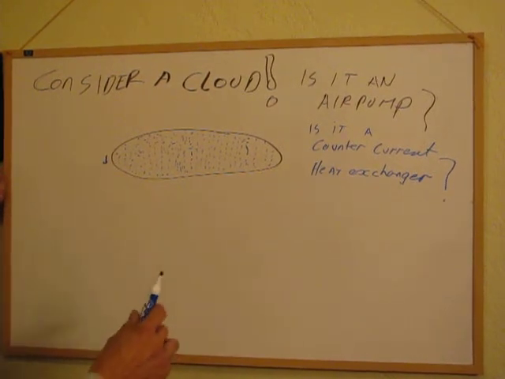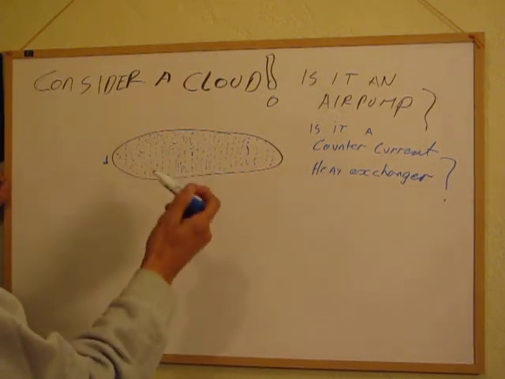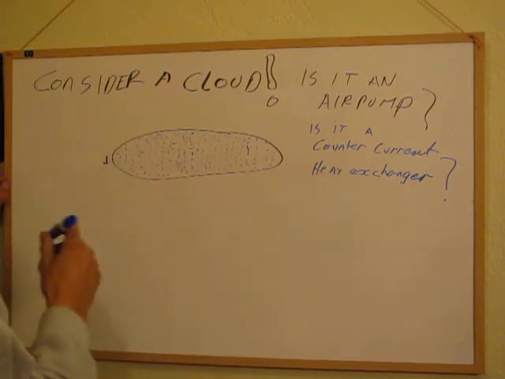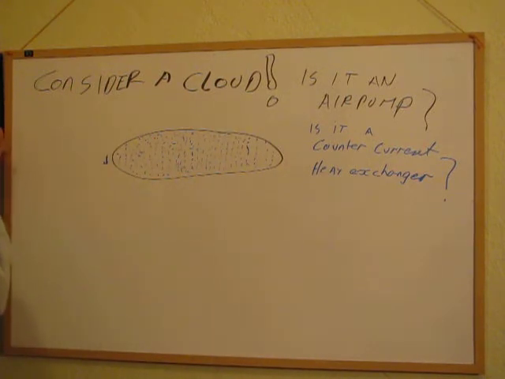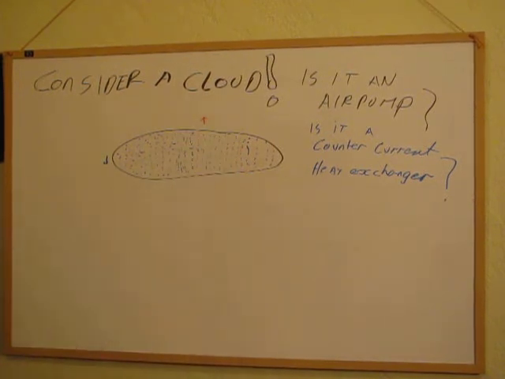In relation to the air particles, the water droplets are going down and the air is going up. And when a cloud condenses, a bunch of heat is given off. So it's like when you boil water, you absorb heat, and when it condenses, heat is given off.